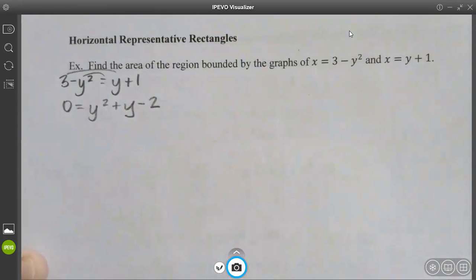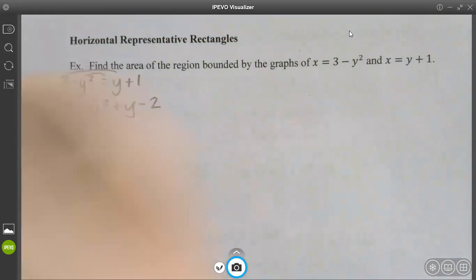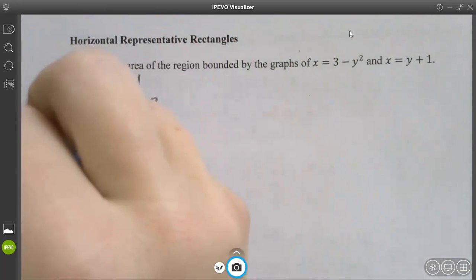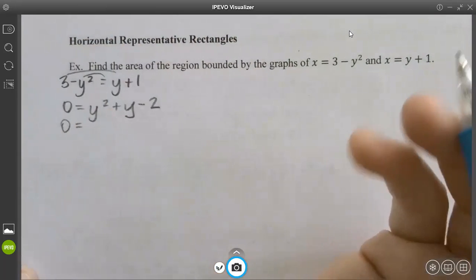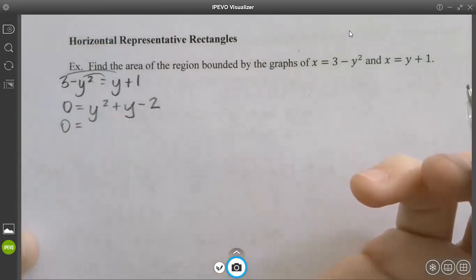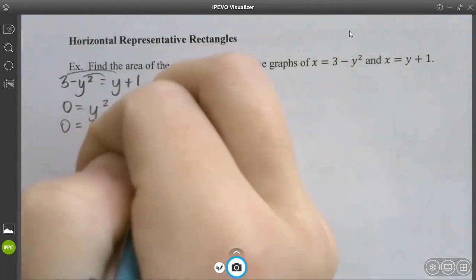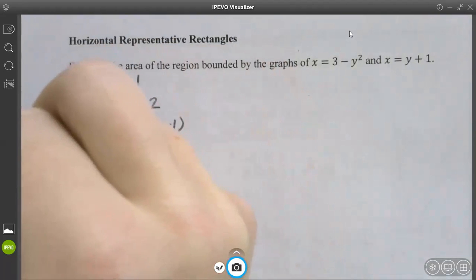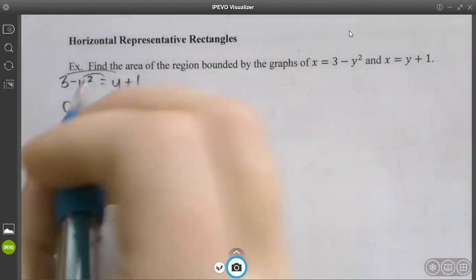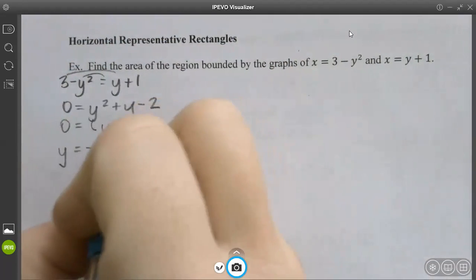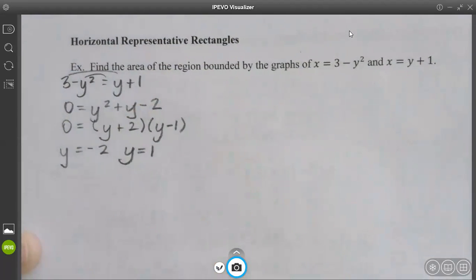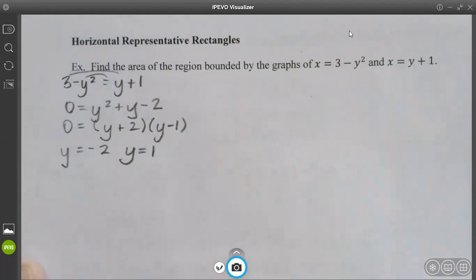Same thing as the last one that we did, that we had to do this. Factor it how? What are your factors of -2 that add to 1? And we get that y equals -2 and +1.